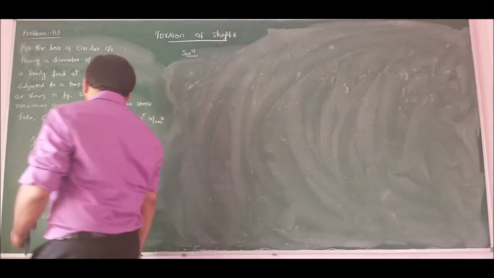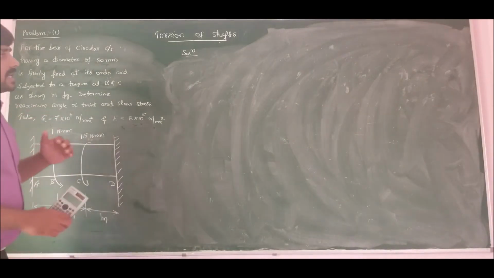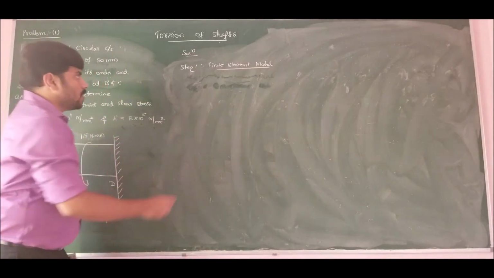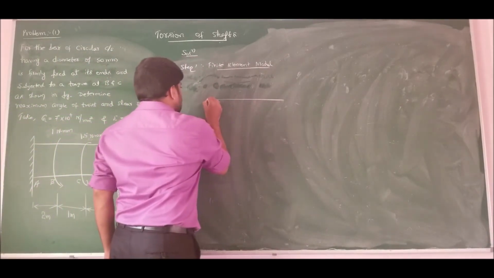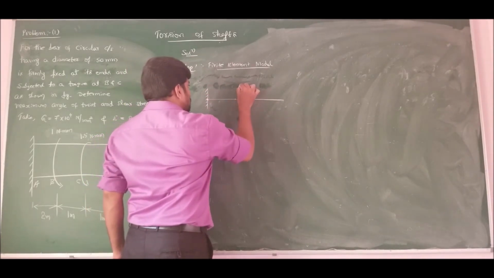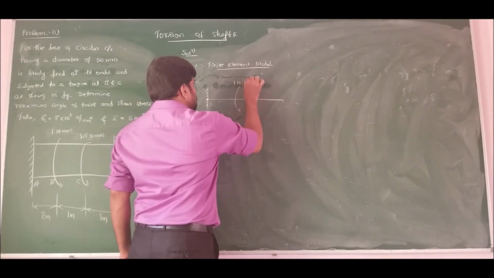Moving on to solve this problem, the first step is the finite element model. Step 1, present the problem in finite element model. The problem can be modeled with the help of 4 nodes. At node number 1 it is fixed. At node number 2 we are applying a torque of 1 Newton millimeters.